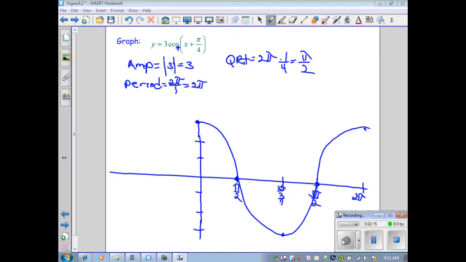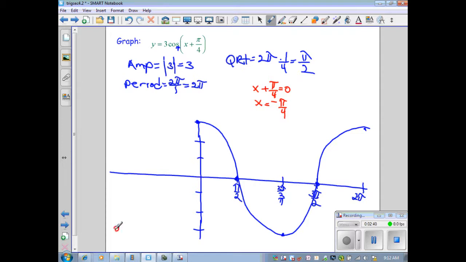Let's graph the function with the pi over 4 phase shift. Remember to do that, I'm going to set the interior function x plus pi over 4 equal to 0, which gives me x equals negative pi over 4. Therefore, my quarter points are going to move pi over 4 to the left, and I start with the first quarter point of 0.